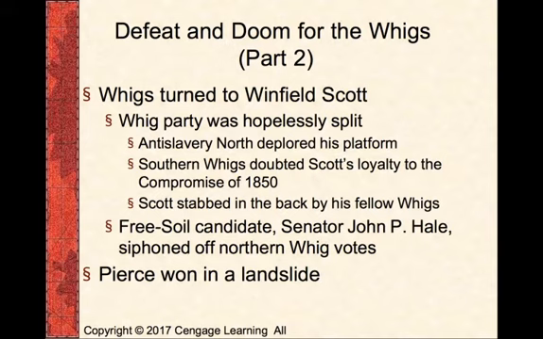The Free Soil candidate was Senator John P. Hale, who siphoned off the Northern Whig votes, and Pierce won by a landslide. Franklin Pierce won 254 electoral votes to 42, but the popular vote was closer, 1.6 million to 1.3 million votes.